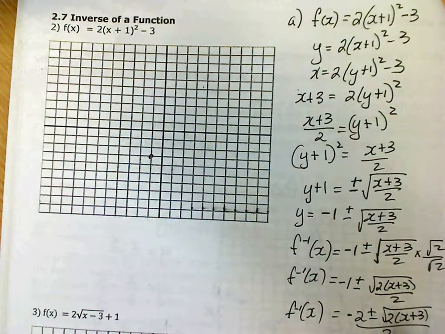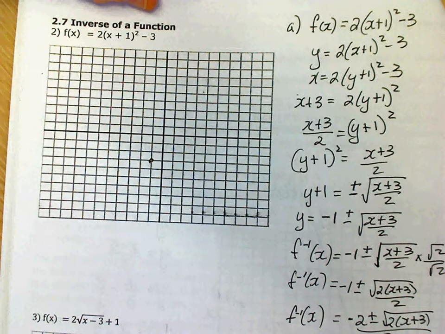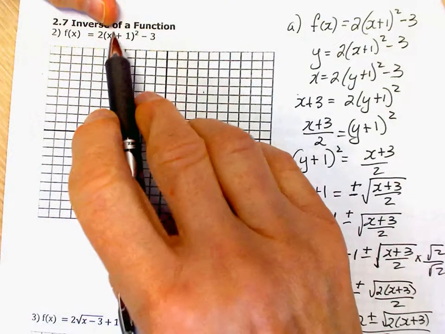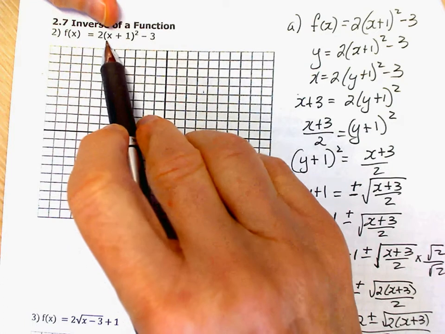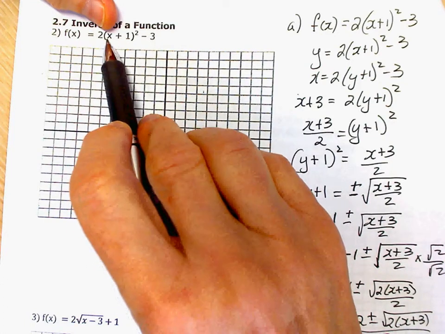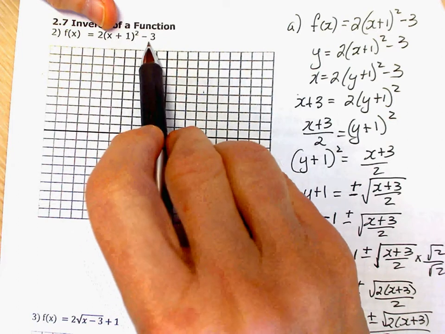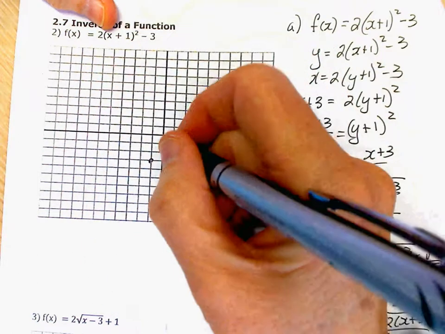Our y-intercept is, let's just use a few points here to save ourselves some work. Our y-intercept occurs when x equals 0. 0 plus 1 is 1, 2 times 1 is 2, 2 minus 3 is minus 1, so we have a point there. I'm just subbing in values.